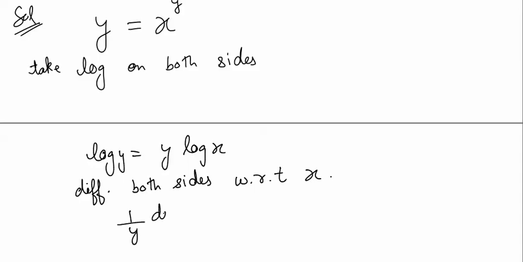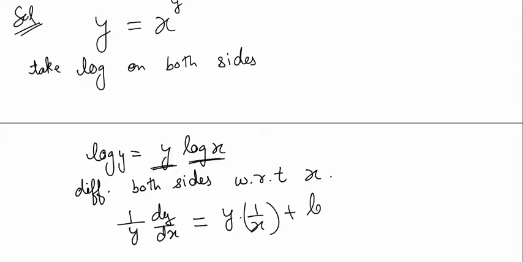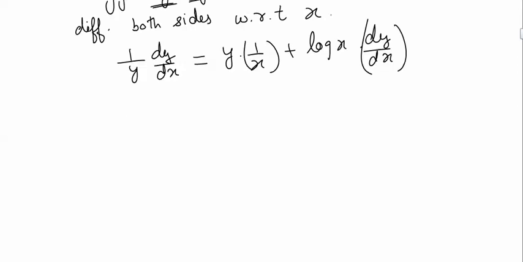1 by y dy by dx is equal to, see, these are two functions. We know how to multiply two functions. Let us say y into 1 by x plus log x into dy by dx, right?